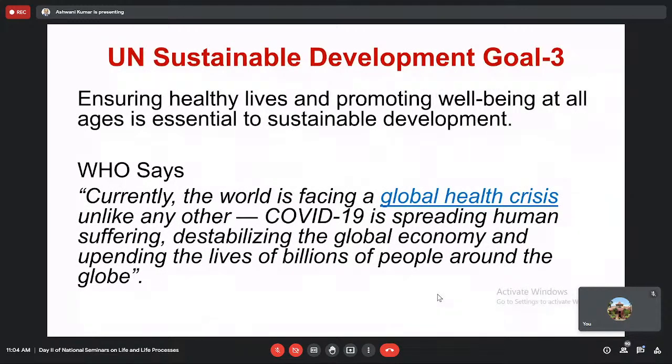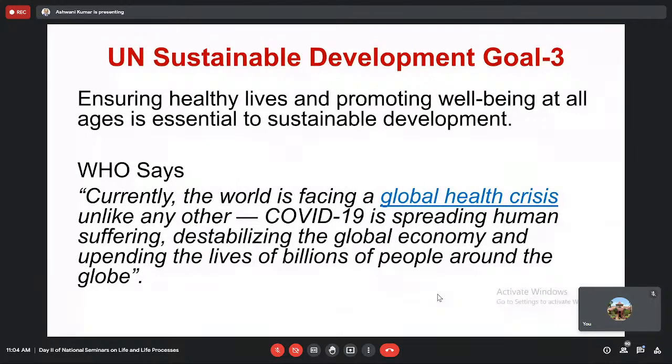What are the UN Sustainable Development Goals? There are 17 of them, and goal 3 says ensuring healthy lives and promoting well-being at all ages is essential to sustainable development. WHO says currently the world is facing a global health crisis unlike any other.